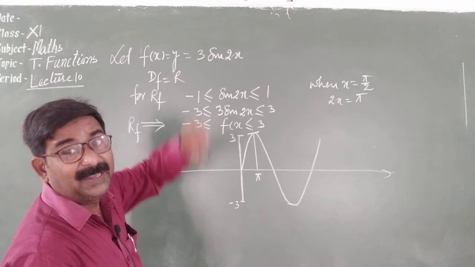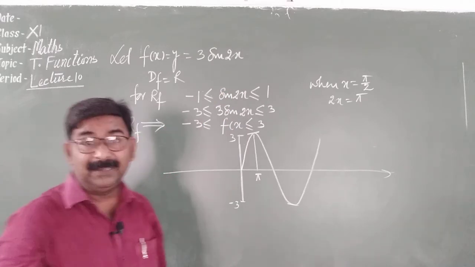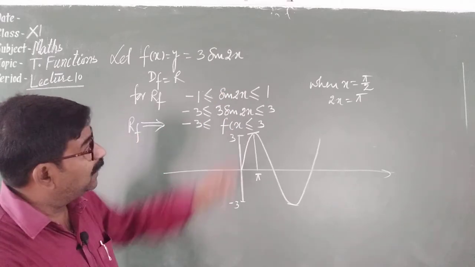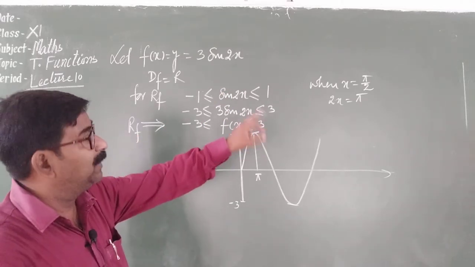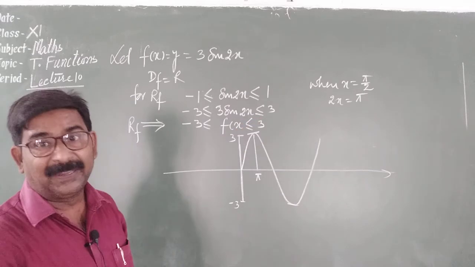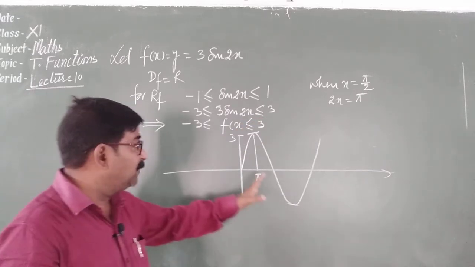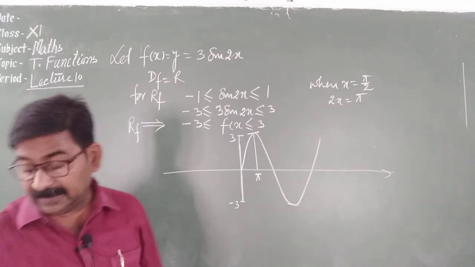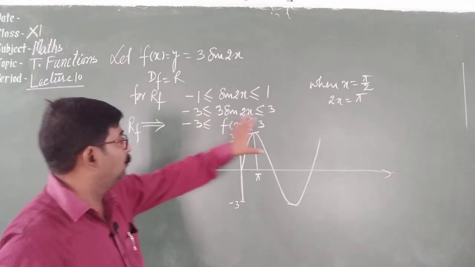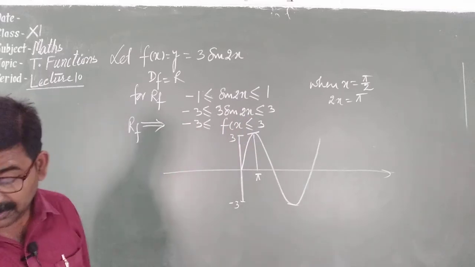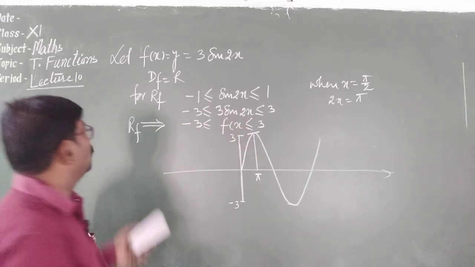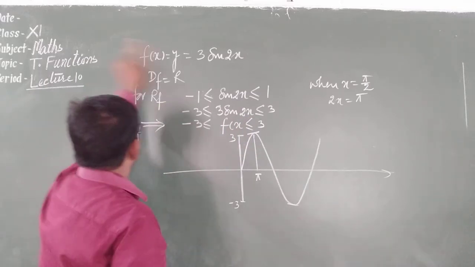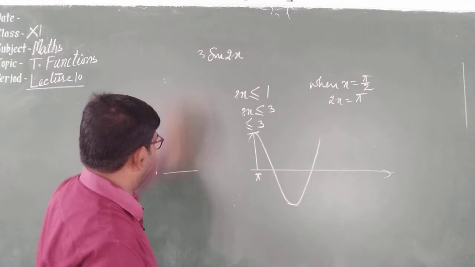When x is equal to π/2, then 2x is equal to π. This way we can plot the graph of this, and we can find the range of the function. So we have so many graphs and so many things to learn. One more type of graph I am showing.